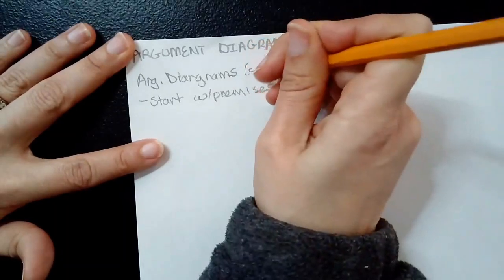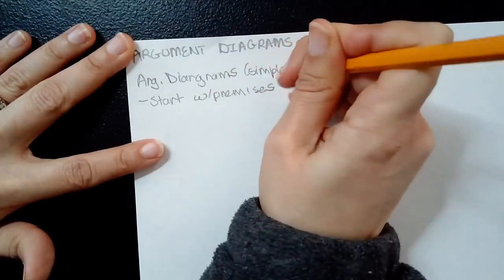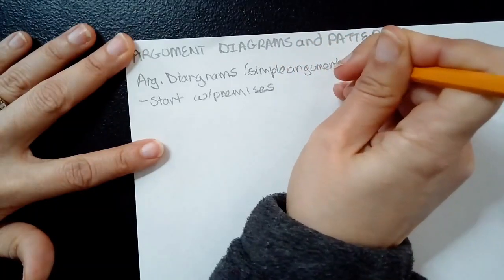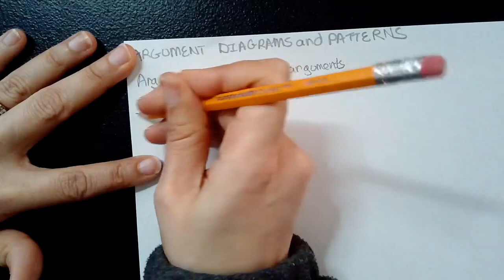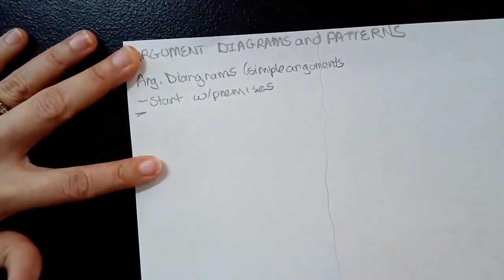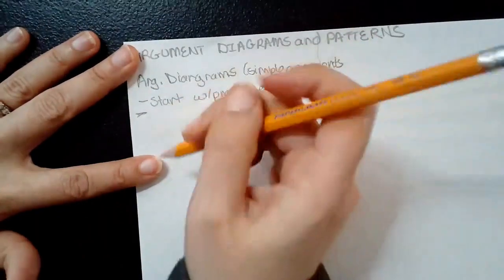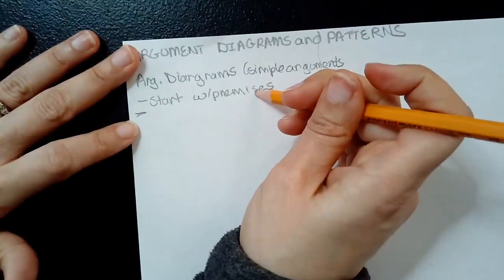And here we're going to put simple arguments. Okay. Try to write very small and to save this half of the paper for other stuff when we talk about complex arguments. So start with premises, okay?